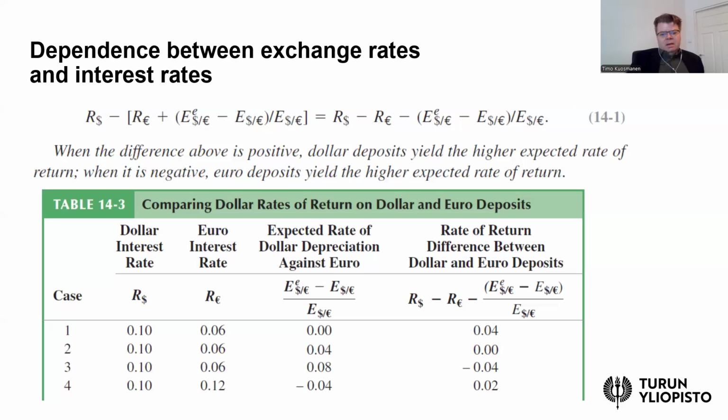Finally, the fourth case illustrates that even if the German bond rate increases to 12%, higher than the US government bond rate, if the euro is expected to depreciate against the dollar, in other words if the dollar appreciates against the euro, then even this higher interest rate is not able to attract investors to buy European bonds, and they would still go for the American bond.